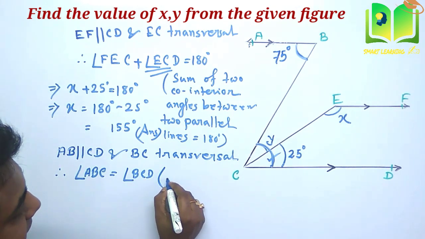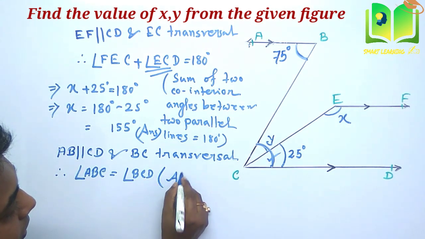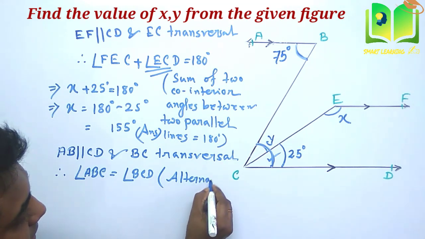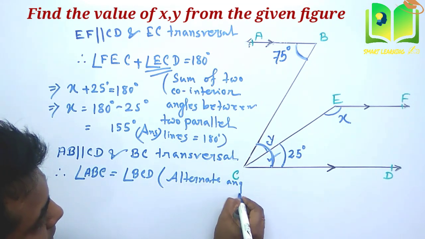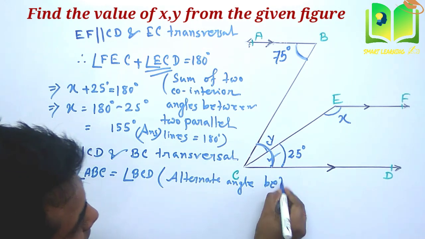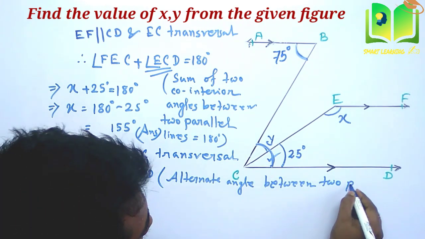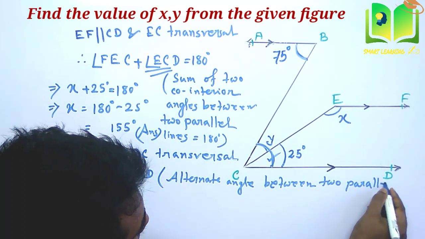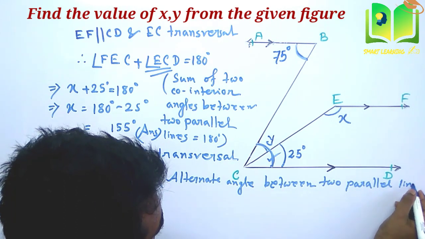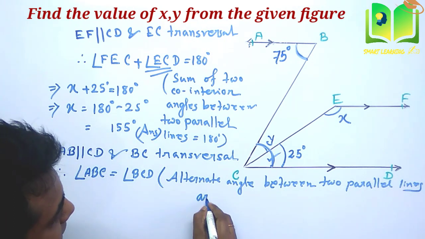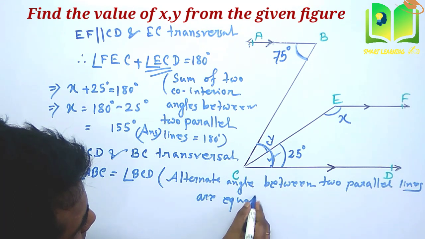We can write within bracket: alternate angles between two parallel lines are equal.